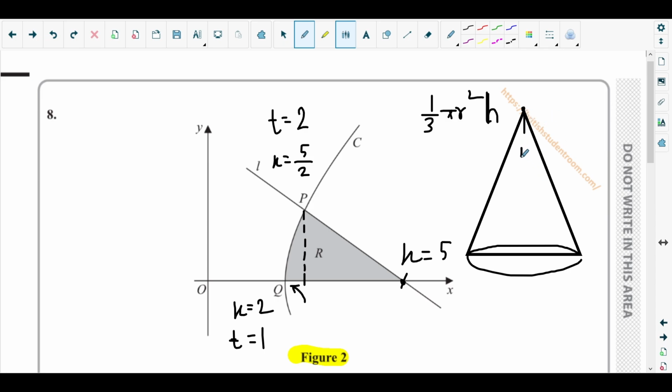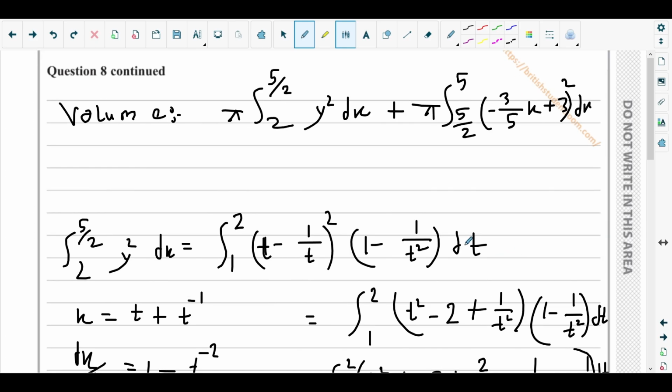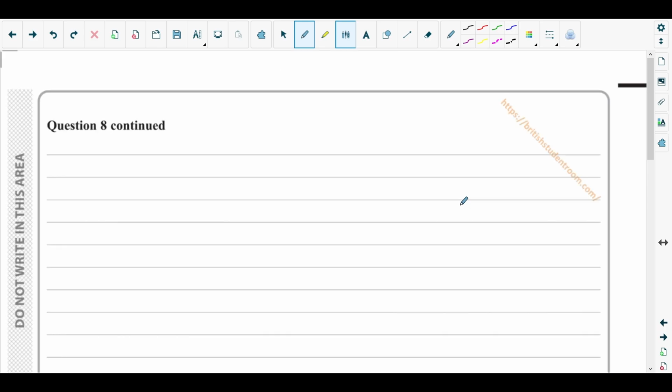Okay, so in that case, what would be the height? That's pretty easy to understand. The height is from x equals 5 to x equals 5 over 2. That means the height is h equals 5 over 2. That's it. So rather than doing this long integration, we can find the volume under the line directly, as it will form a right circular cone.